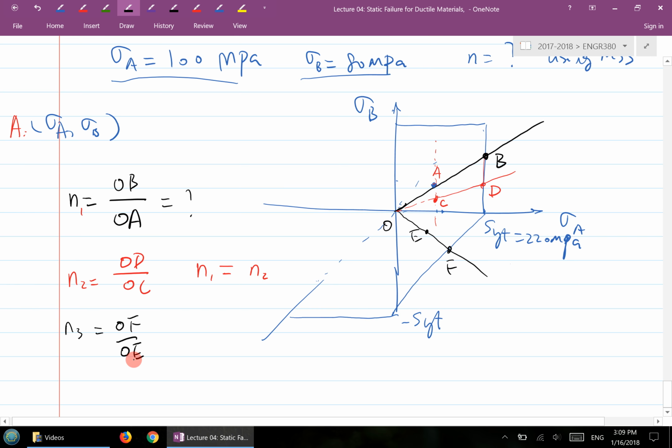Now, if I pick a different location over here, and that location happens to be on the parallel line, so this line here and this line here are parallel.